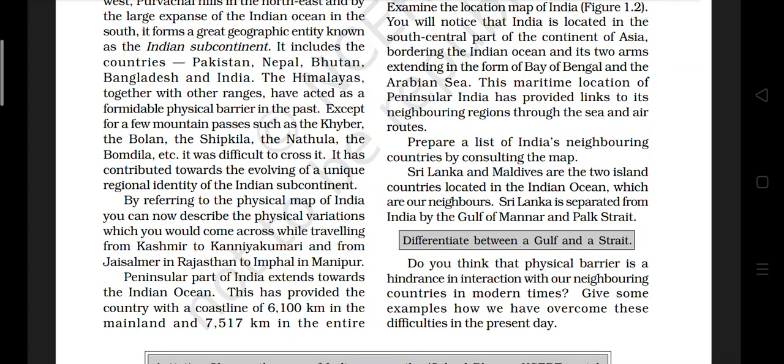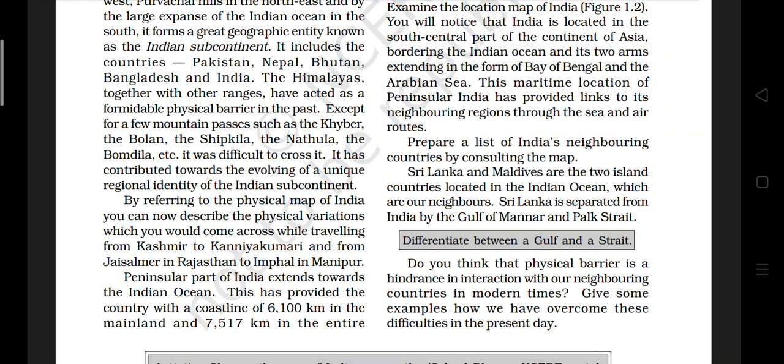By referring to the physical map of India, you can now describe the physical variations which you would come across while traveling from Kashmir to Kanyakumari and from Jaisalmer in Rajasthan to Imphal in Manipur. The peninsular part of India extends towards the Indian Ocean.